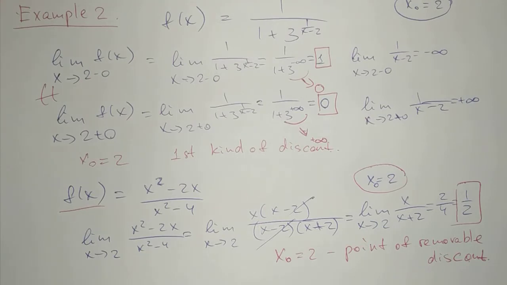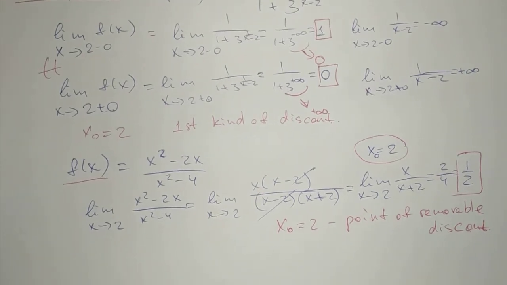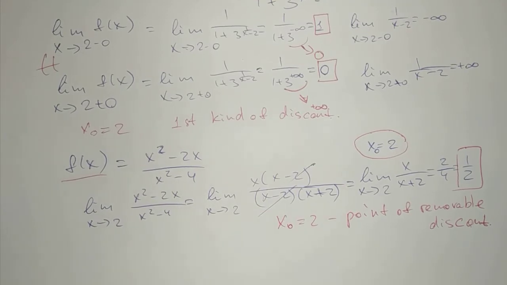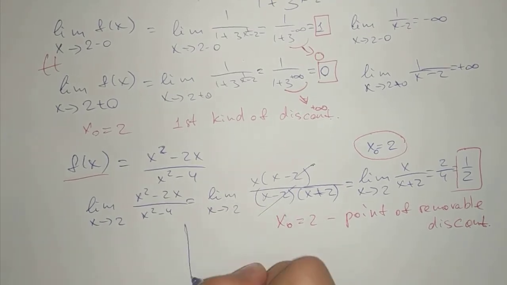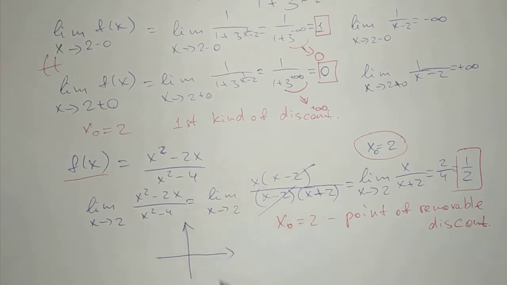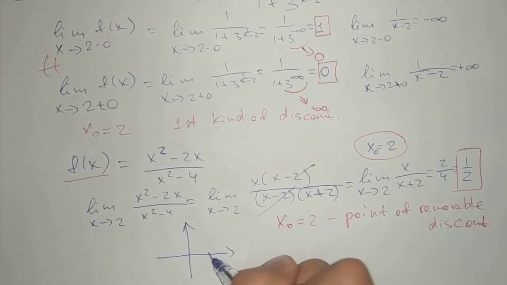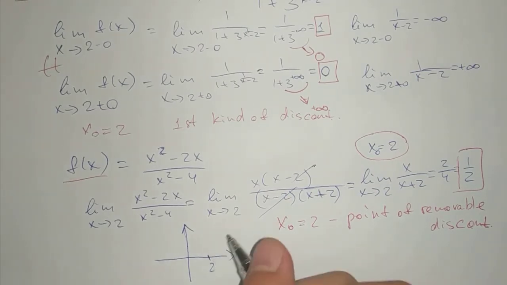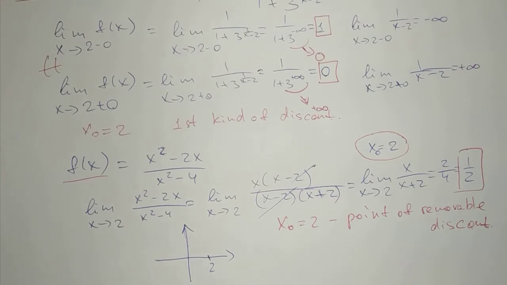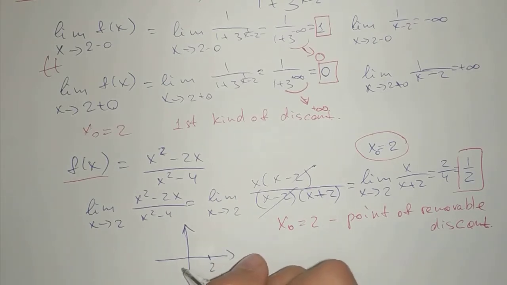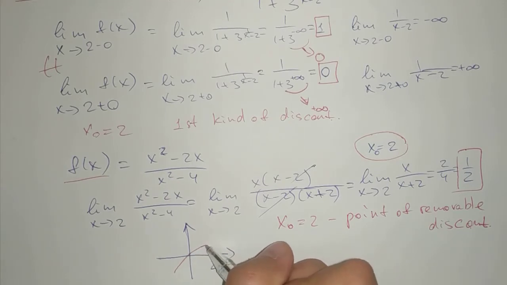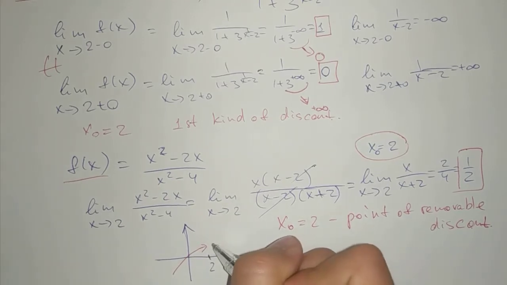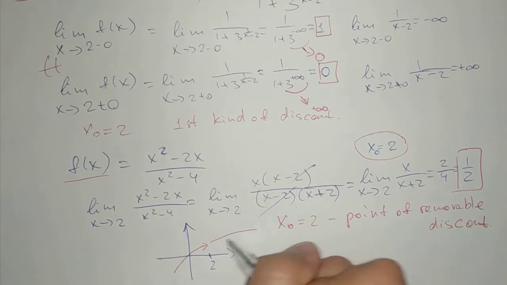Here we can draw the graph of this function. Let's try to draw this graph. At the point 2, we get a removable discontinuity point. The function goes like this until 2, and beginning from 2 like this.